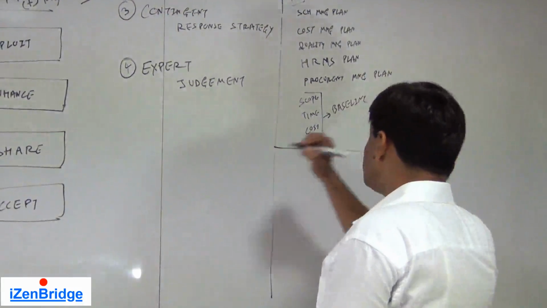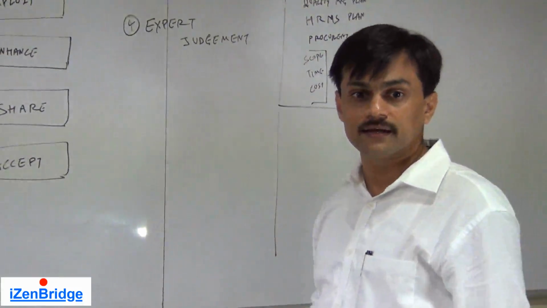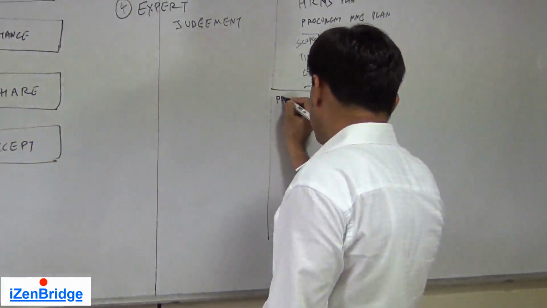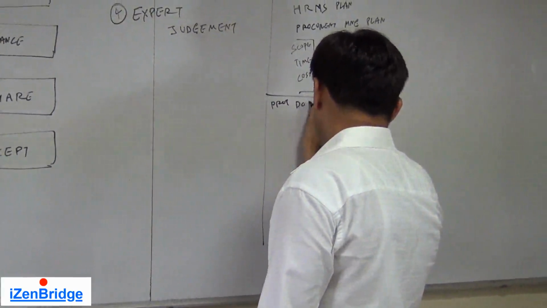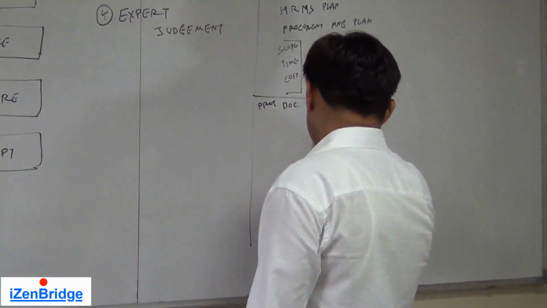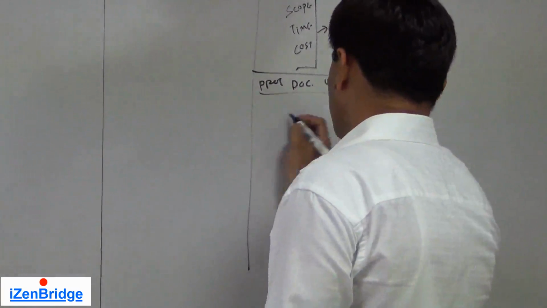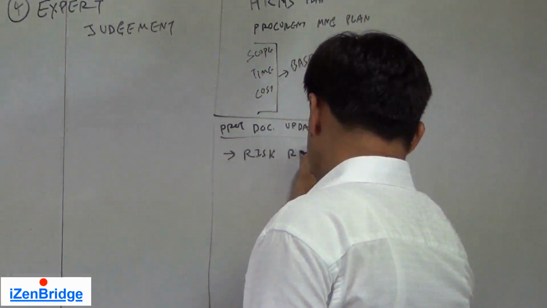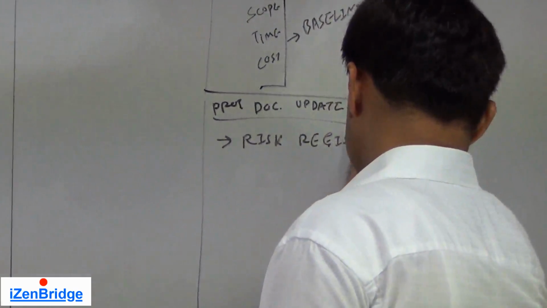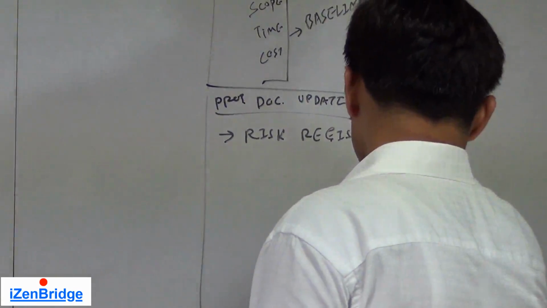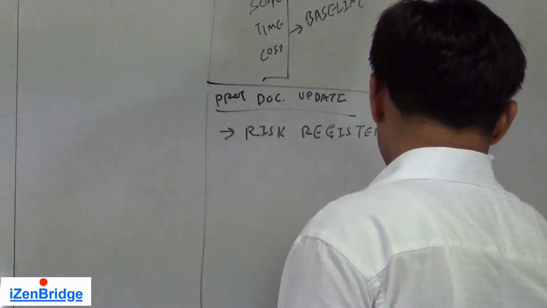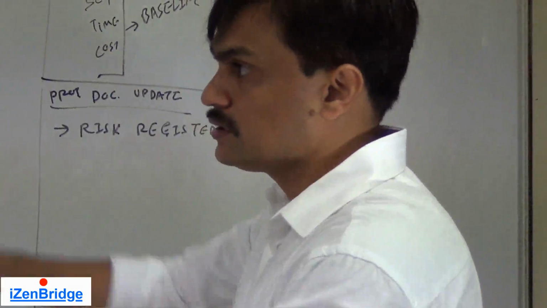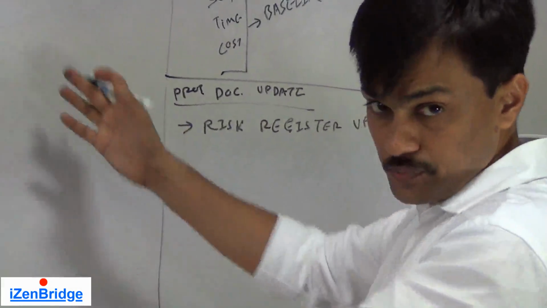Now once we are done with the PMP, we need to look at the risk register, and the project documents update. I would like to talk more about the risk register update. In a risk register, we may need to put the outcome of all this process.